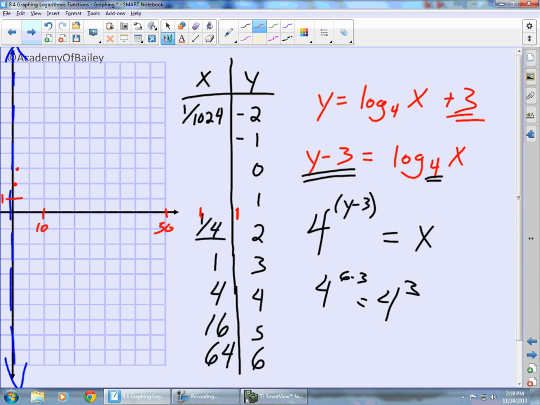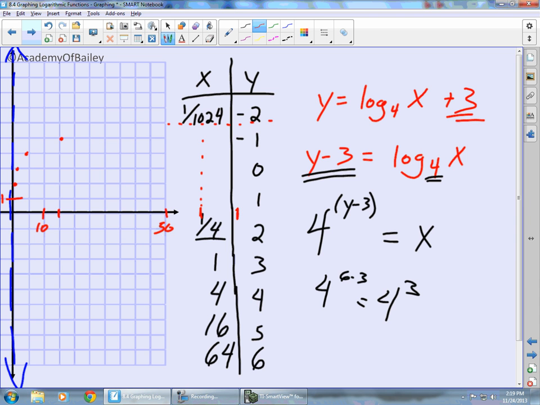Then we're going to have 4 and 4. And then we're going to have 16 and 5. 16 is just past 15. Then we have 64 and 6. Well, here is 6 extended out.